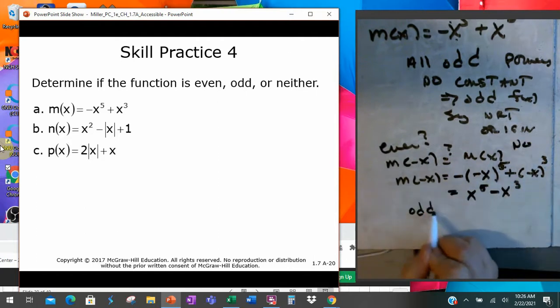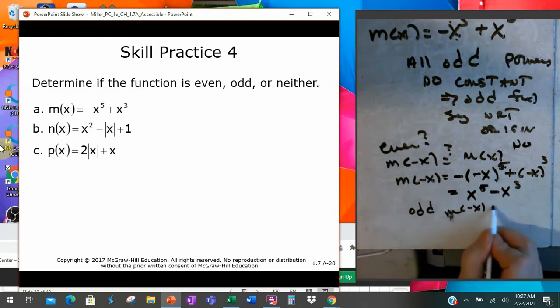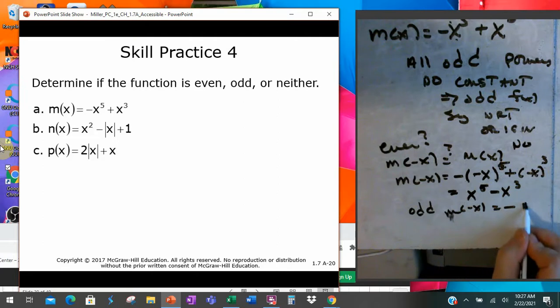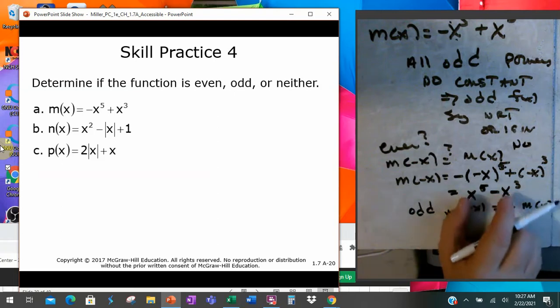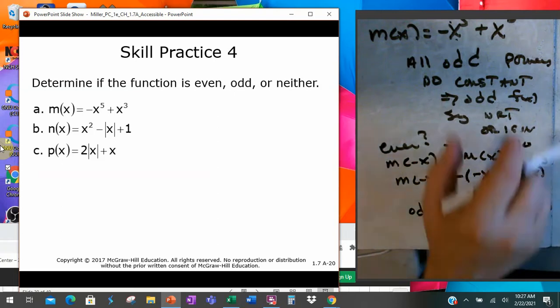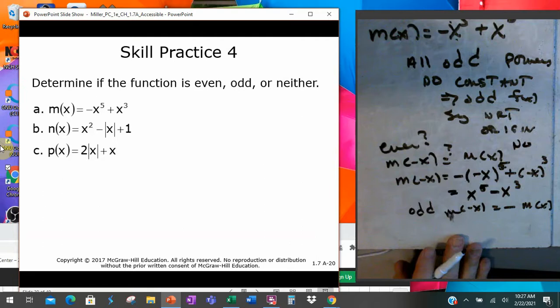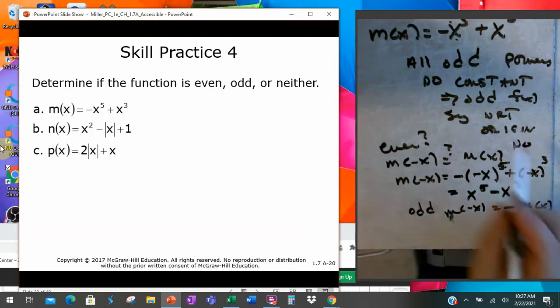However, is it odd? Does m of -x equal negative m of x? If I multiply this by -1, I can also do this. I can factor out a -1 and say, okay, if I do all the -1s, this is the same thing as what I start with. But the easiest way is just multiply this by -1.